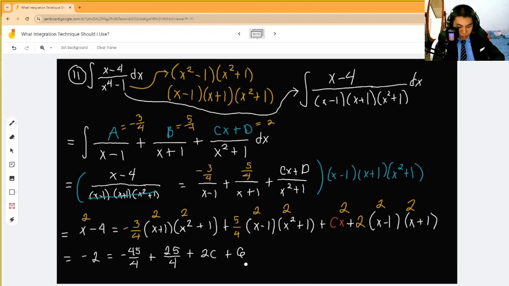And then we can simplify this further. Negative 45 plus 25 over 4 will simply be negative 20 over 4, plus 2c plus 6.